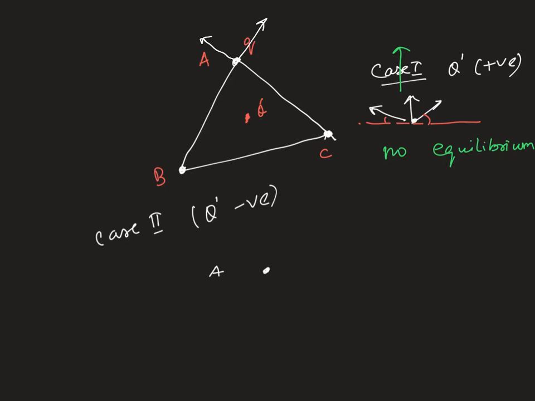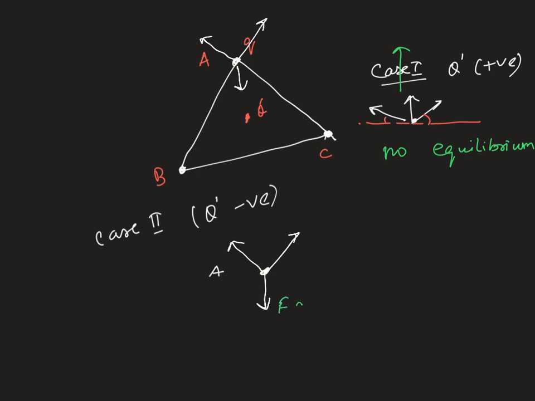So pull force by q dash and push force by B and C. Now, is it possible to keep this in equilibrium? Or if this is in equilibrium, what is the value of q dash? So let's mark all these forces first.